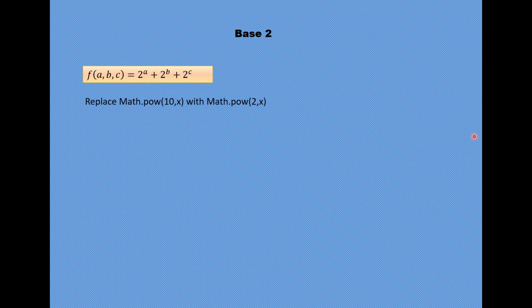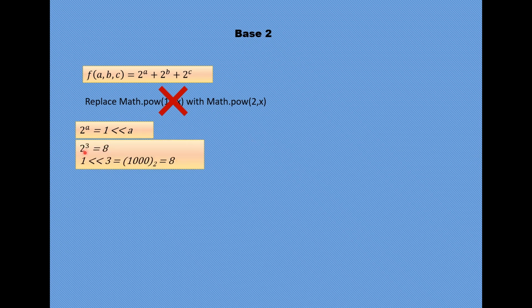So are we simply replacing in our program Math.pow(10, x) with Math.pow(2, x)? No, because 2 raised to a is the same as 1 left shifted by a digits. How does this work? So 2 raised to 3 is equal to 8, and 1 left shifted by 3 is 1000 in base 2, which is 8.